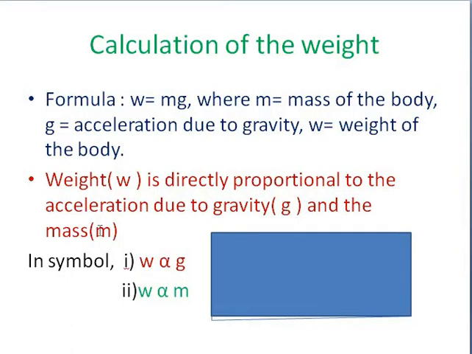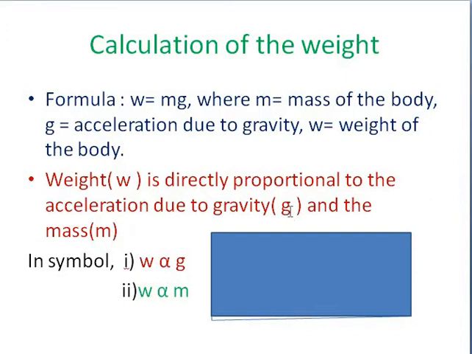So for a particular mass, if the mass is constant, then weight is directly proportional to the acceleration due to gravity. So more g, more weight, less g, less weight for a given mass.